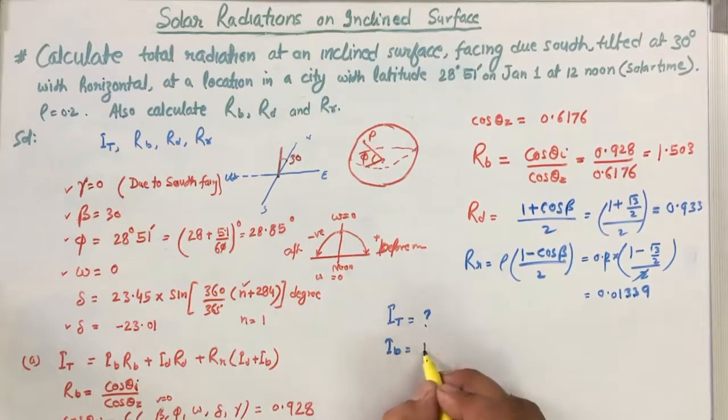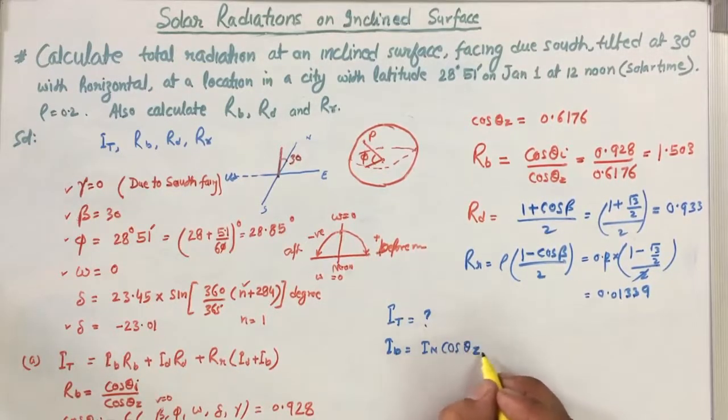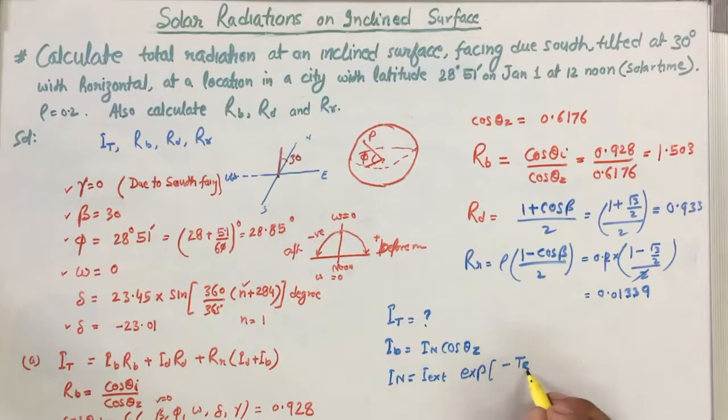IB can be equal to IN cos theta z. We know this, just IN. Now IN we can find out by writing the formula for I in the extraterrestrial region and the exponent, if you remember, we explained just a few minutes before. It was the turbidity factor TR that will be provided to you.